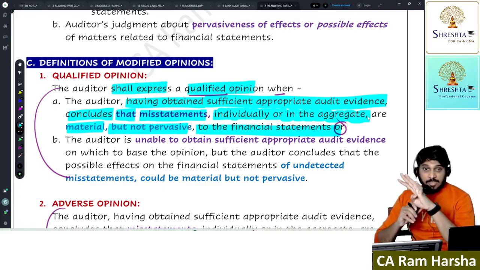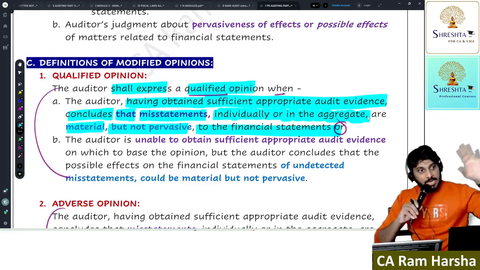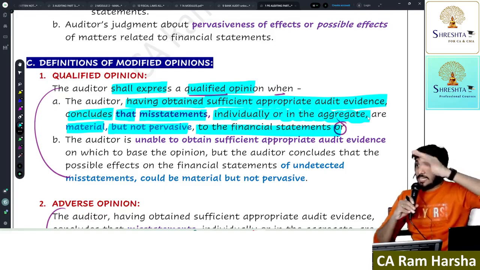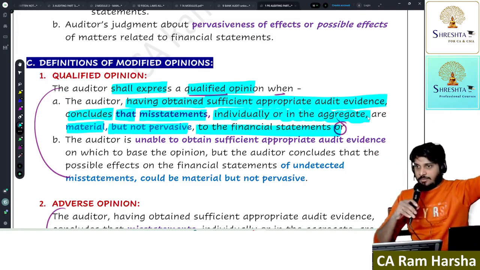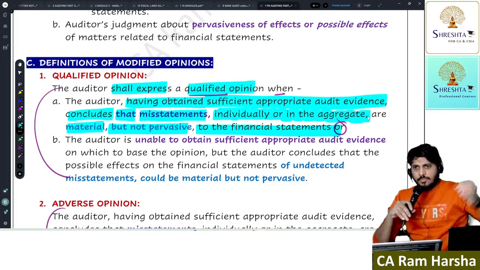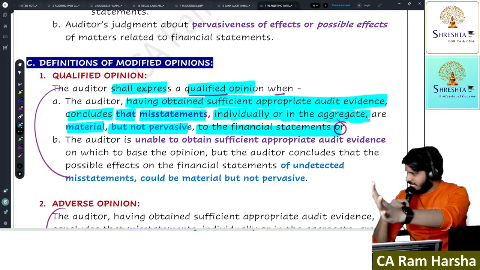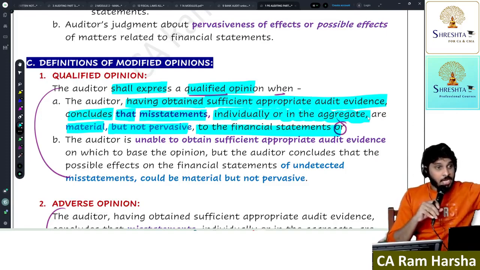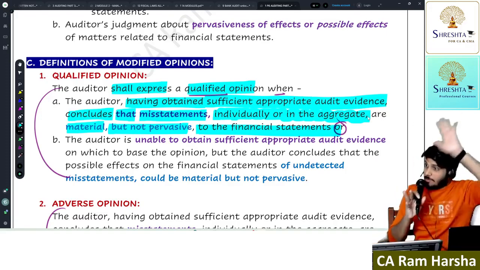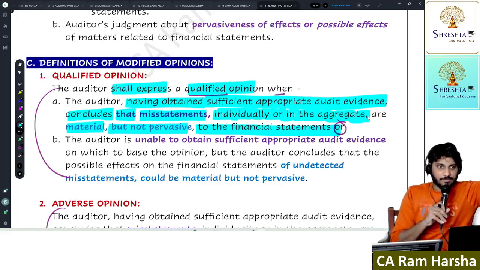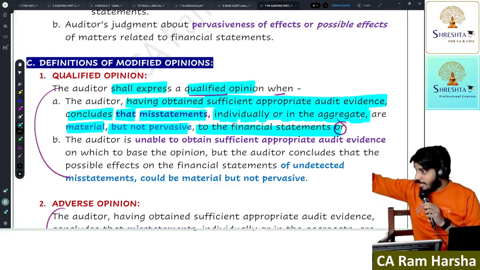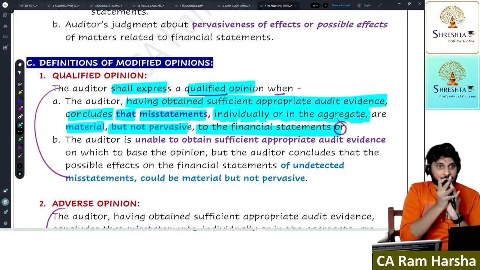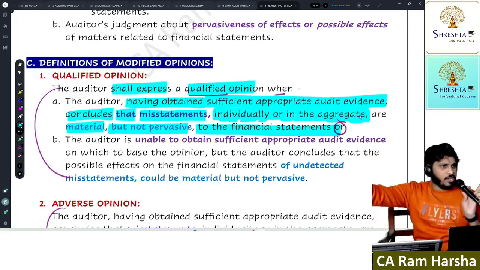In inventory I discovered a 35 lakhs mistake. In outstanding creditors I discovered some 35 lakhs mistake. As a total, that is 1 crore, it is material. If the mistake individually is a material mistake, then I will come and give a qualified opinion. If multiple are there, all of that together is also material, but not pervasive.